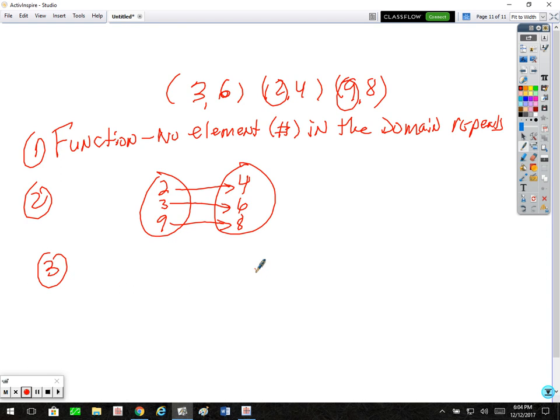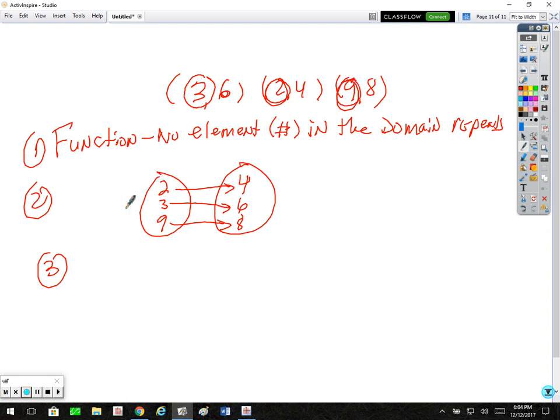Okay, did you do it? Good. So let's talk about this. What I'm looking for is any ordered pair I can come up with to make this stay a function. Well, all I'm concerned with are these three numbers right here: 3, 2, and 9.